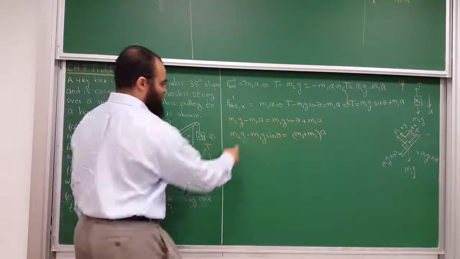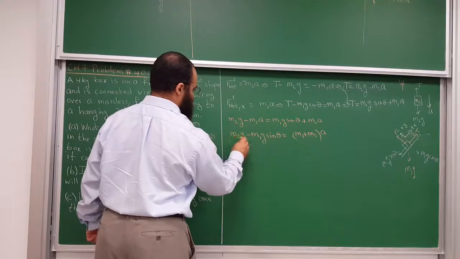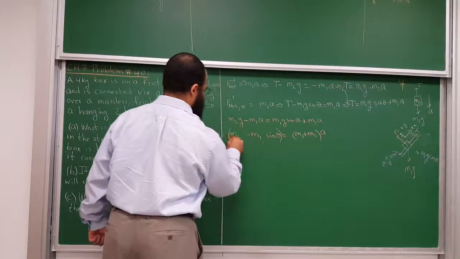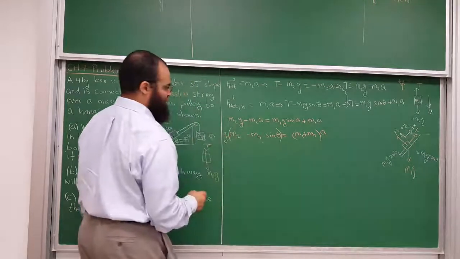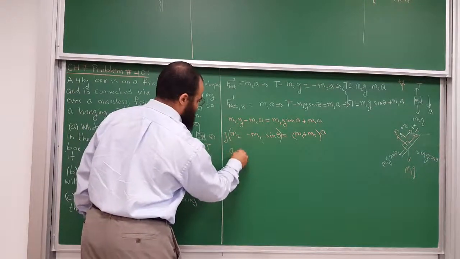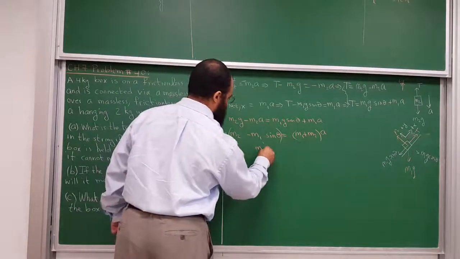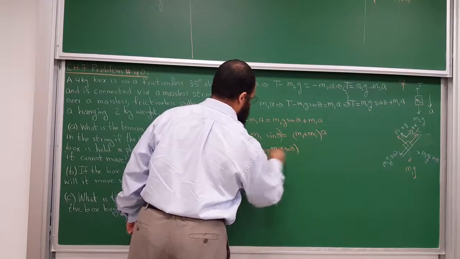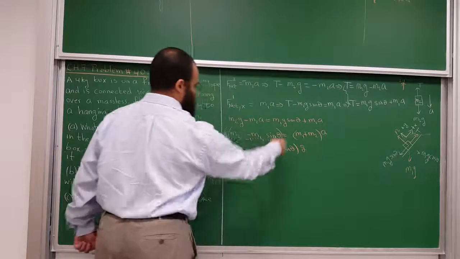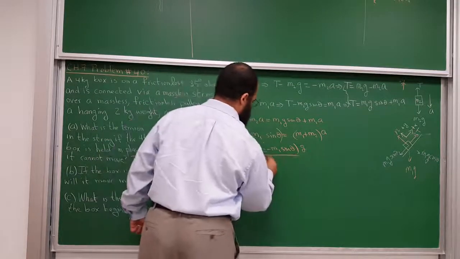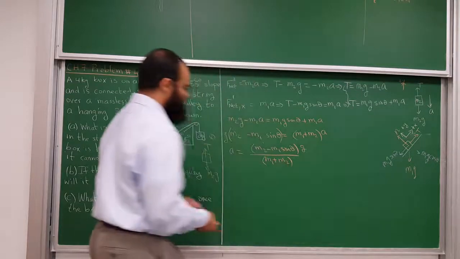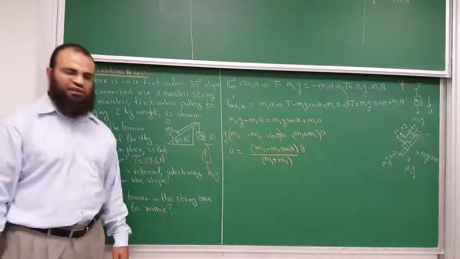And then I could factor a g out of here, so let's do that. So you get the acceleration will equal g times (m2 minus m1 sine theta), divided by m1 plus m2. Okay, so I have a formula for the acceleration.